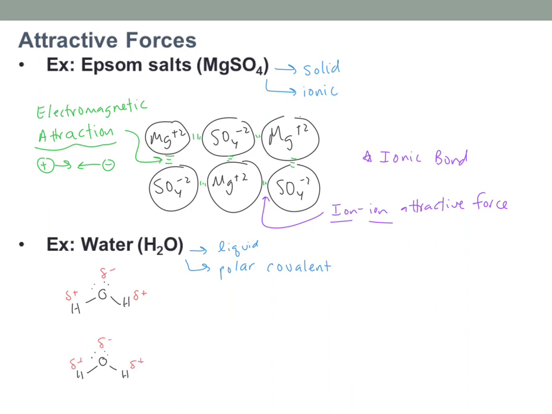If I have a second water molecule here, how might these two water molecules be attracted to one another? Up above we said that, of course, the magnesium that's positive is going to be attracted to the sulfates that are negative. And this is really the same question.